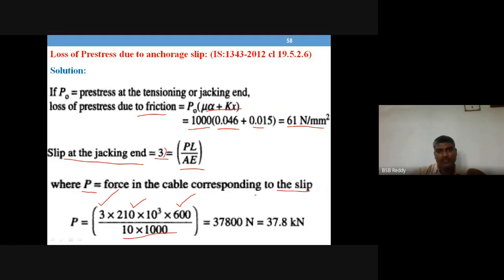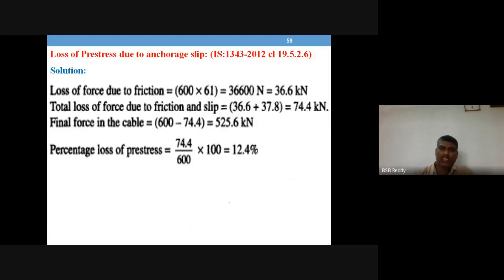The slip is in 3 mm, so convert this into mm. So that is 37800 newtons, converted to kilonewton, 37.8 is the force corresponding to the slip.